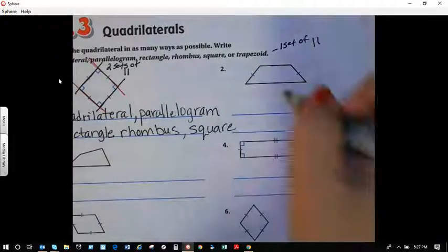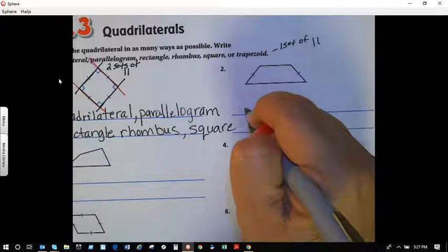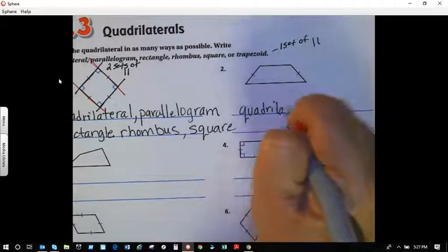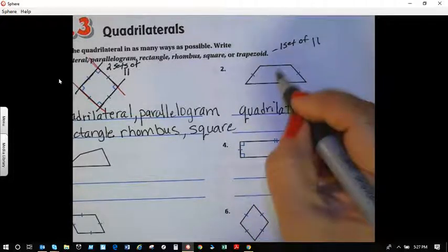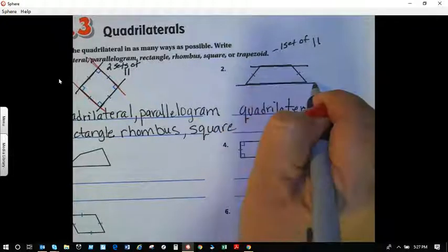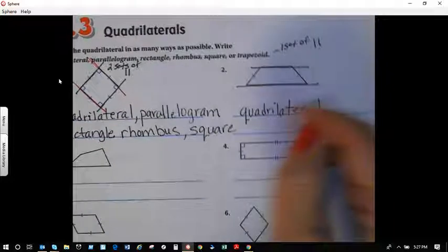Number 2, we did this together. We said that it had 1, 2, 3, 4 sides, which makes it a quadrilateral. And then the other one, it is not a parallelogram because it only has 1 set of parallel lines. It's not a rectangle, it's not a rhombus, it's not a square, but it is a trapezoid.